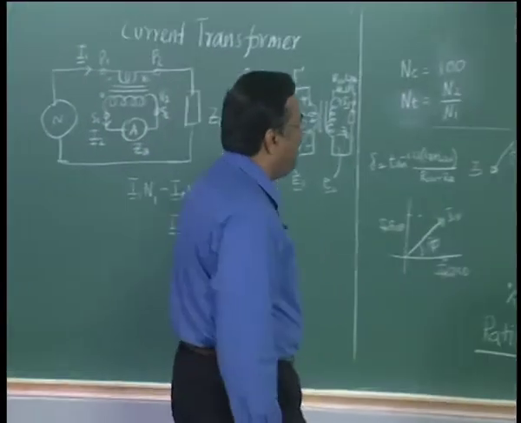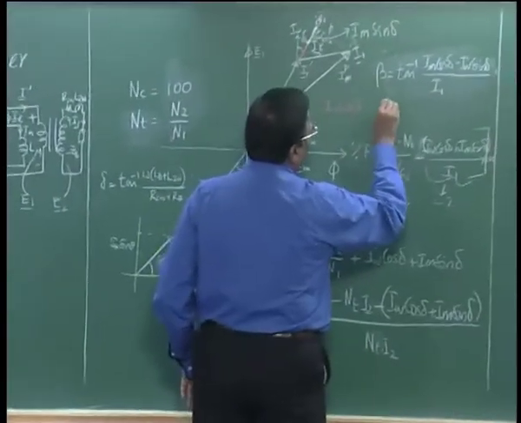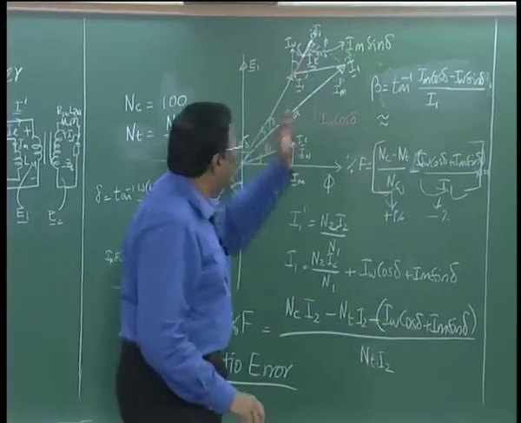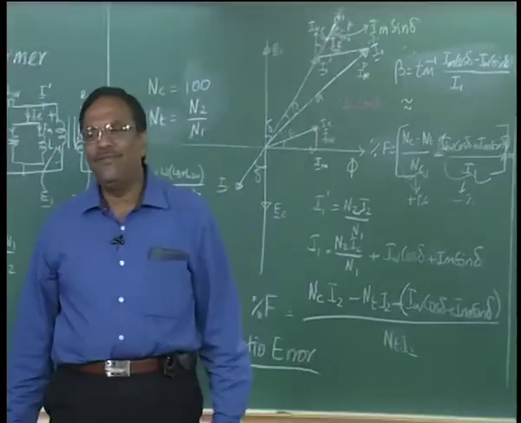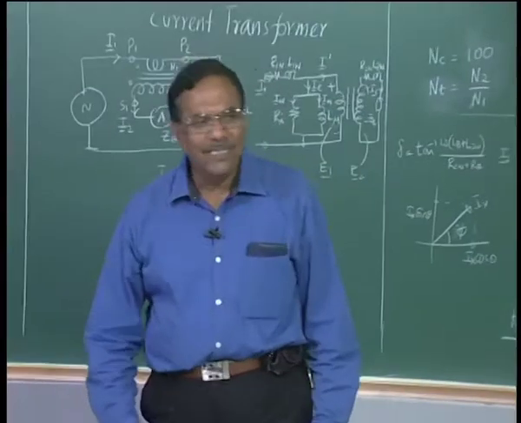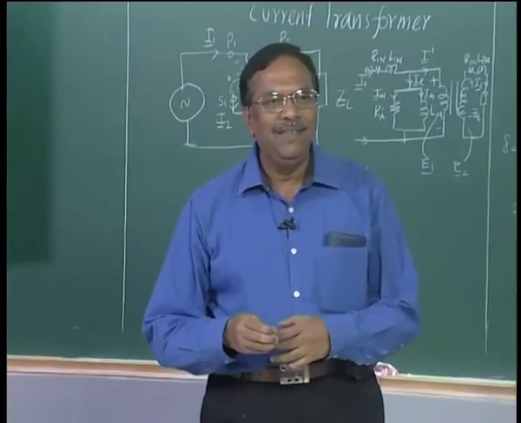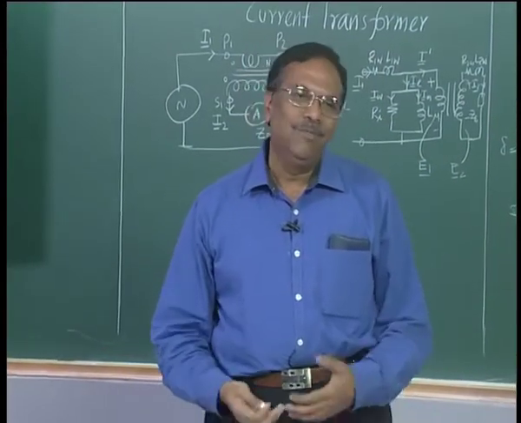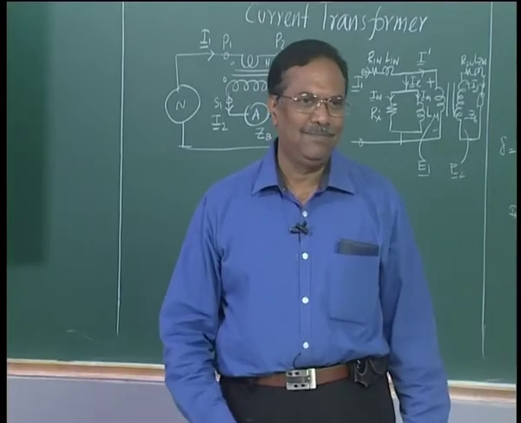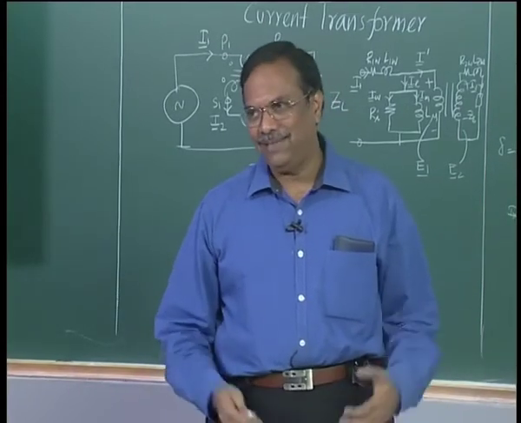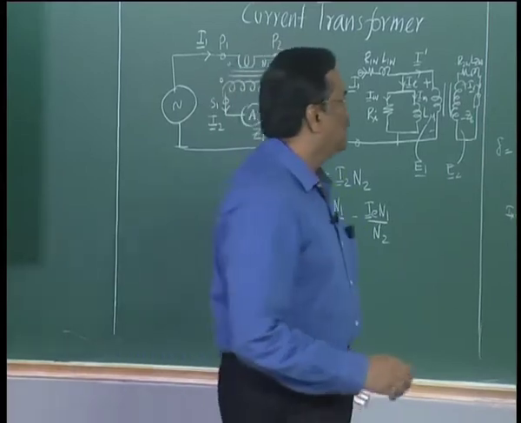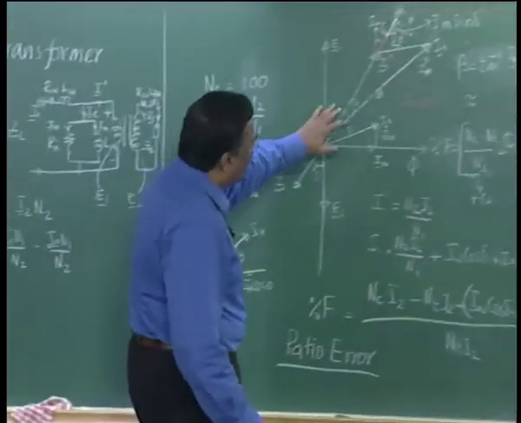So we normally take this to be approximately equal to, because the error is going to be small, right. Even for a very bad current transformer, the worst case phase error would be 60 minutes, 1 degree, right. More than that we do not tolerate, okay. Why, we will see a little later. So the beta is going to be small, less than 1 degree.